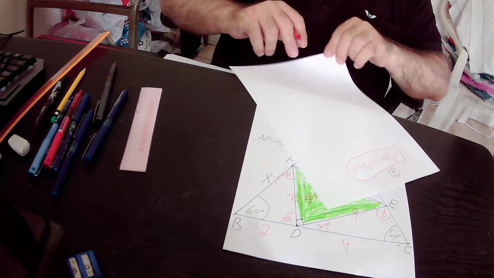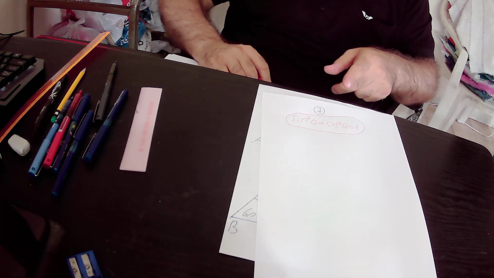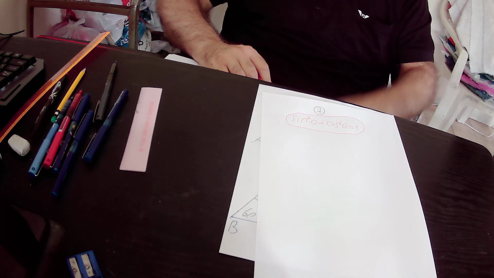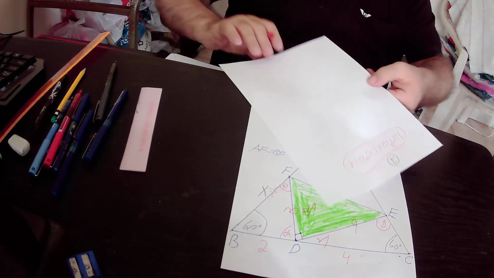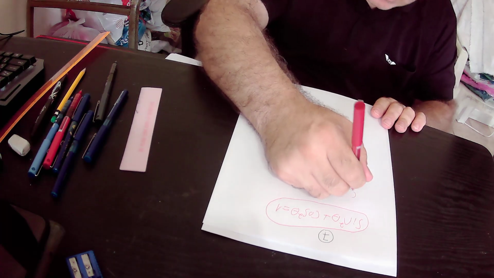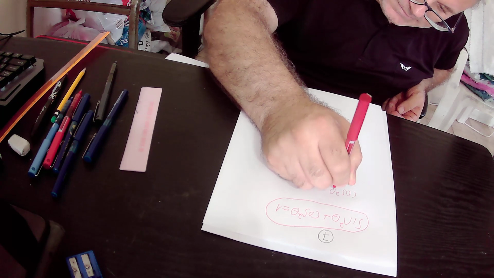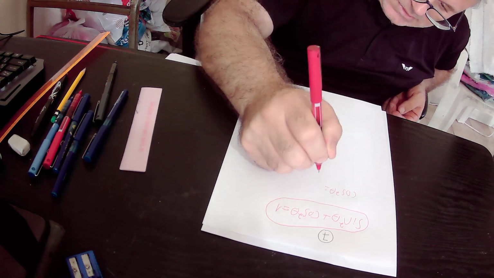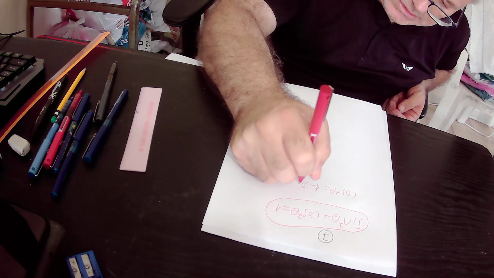Okay, so from this identity we will subtract sinus theta squared, and we will get that cosinus theta squared equals 1 minus sinus theta squared.